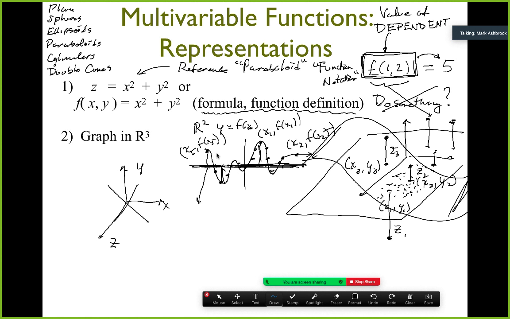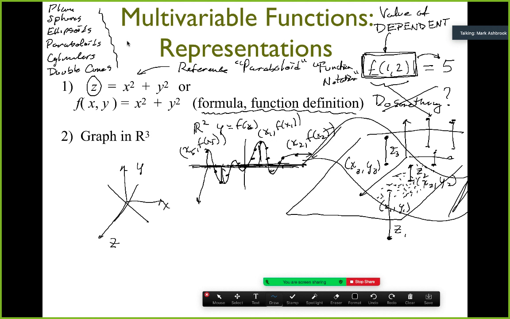And so we kind of knew that already because we're just replacing our function notation with the dependent variable z. And we know that single equations of x, y, and z make surfaces, right? We've hammered that. These are our surfaces. So now we can make multivariable functions out of these by letting z be the dependent variable. Or x or y.